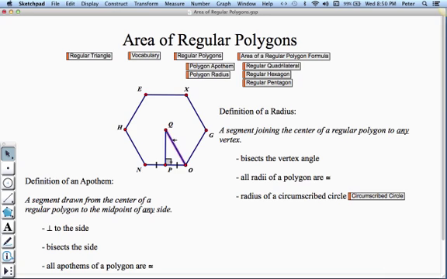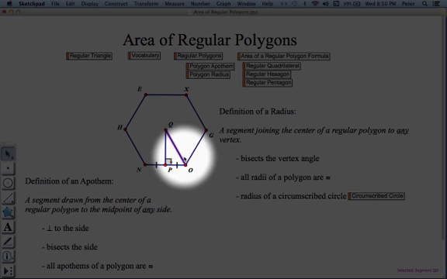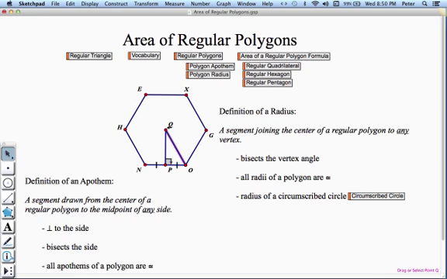So this radius is going to bisect this angle here at O. So angle POG is bisected, as would any other of the radii drawn from Q to the vertices. They always bisect the vertex angle. All radii of a polygon are congruent, just as all radii of a circle are congruent.